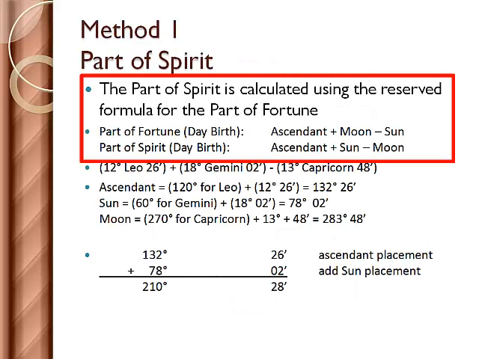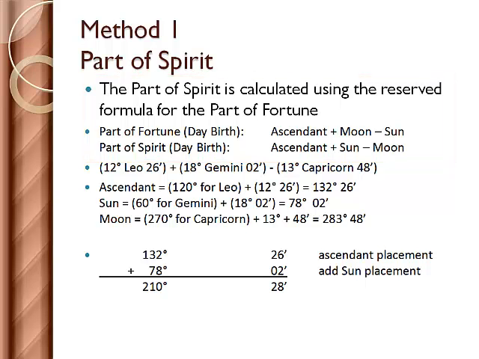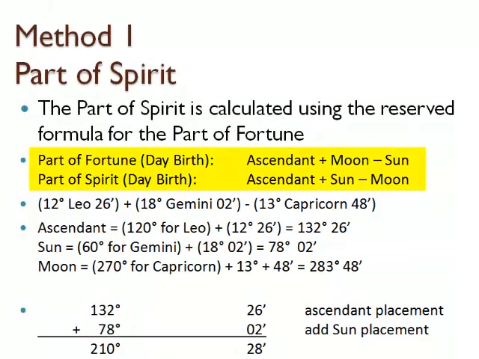Here's our general calculation for part of spirit. Now part of spirit is the reverse of the part of fortune. In a daytime birth, the part of fortune is the ascendant plus the moon minus the sun, and the part of spirit is the ascendant plus the sun minus the moon.